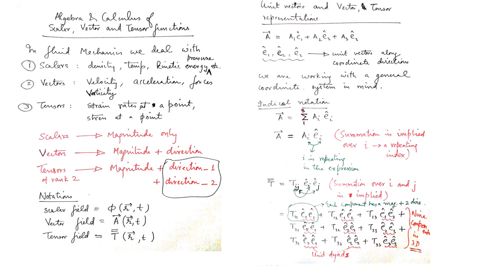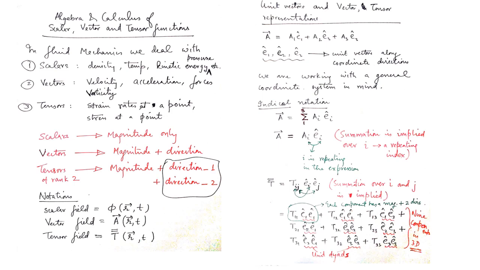Now, i is recognized as a repeating index. What do you mean by repeating? As I've already shown here, a_i e_i. If you look at the bottom, there is a green double-sided arrow drawn from one i to the other i. So in my expression on the right, a = a_i e_i, you have i as a repeating index.